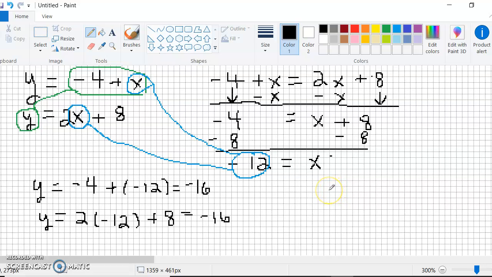So basically what I have here is the following. My answer, and of course you're writing this all down in your math notebook. x is equal to negative 12, and y is equal to negative 16.